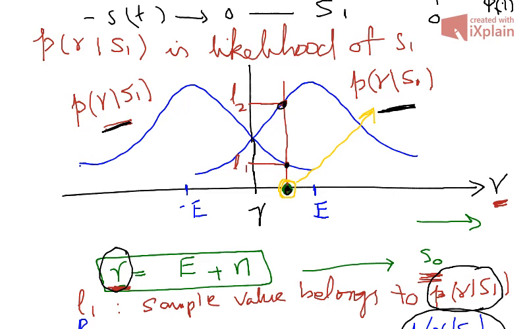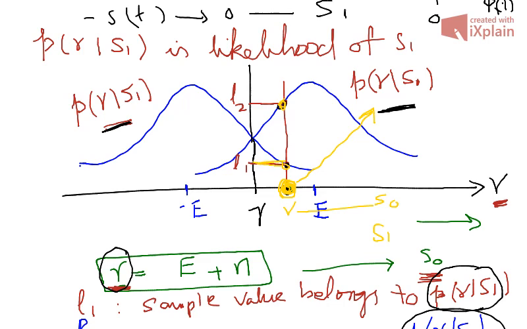Why? Because with L2 it is more probable that this received signal R represents S naught than S1, right? This received signal may represent S1, but its probability is low, L1.